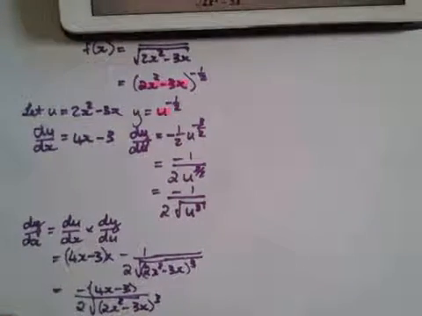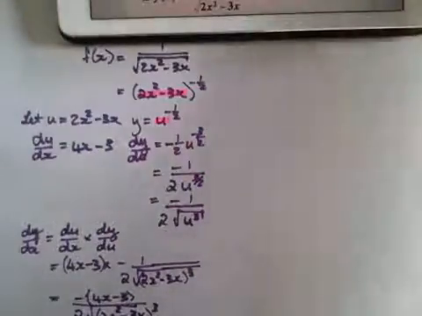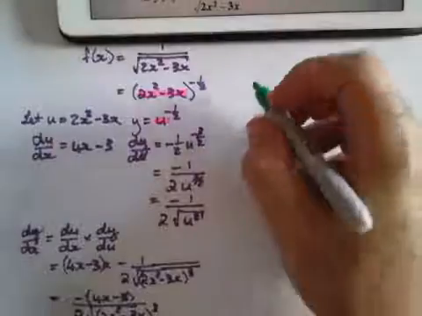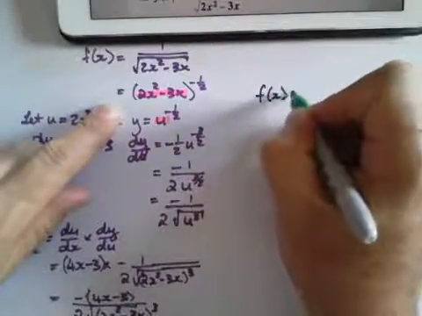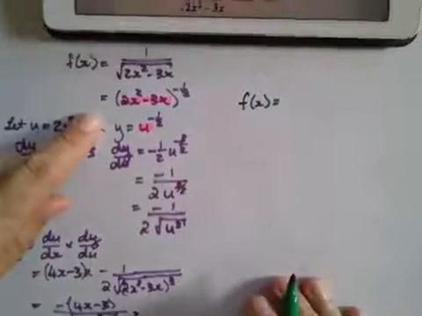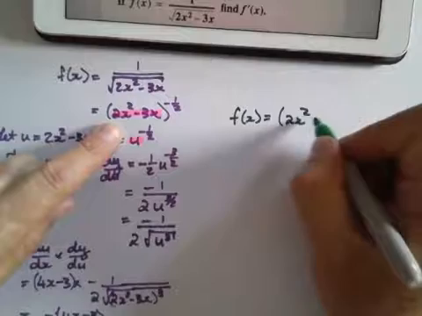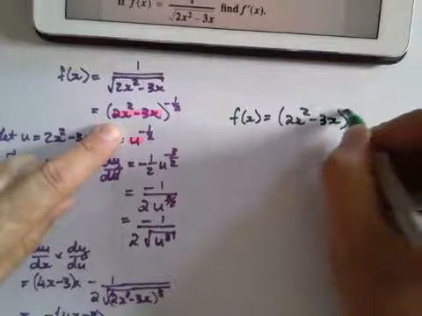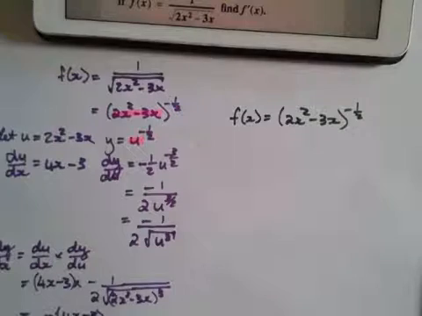The other way to do it is the shortcut, and I'll use a different color. So f(x) equals 2x squared minus 3x to the power minus a half. Please watch Mrs. Bornheimer's video.